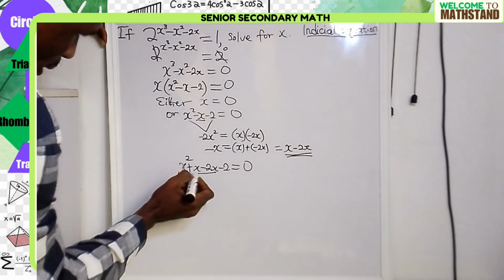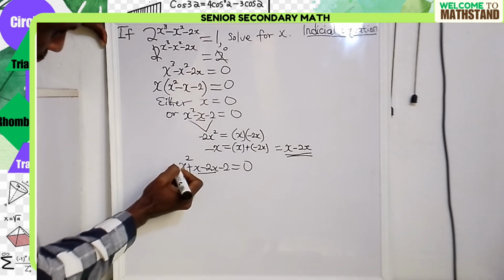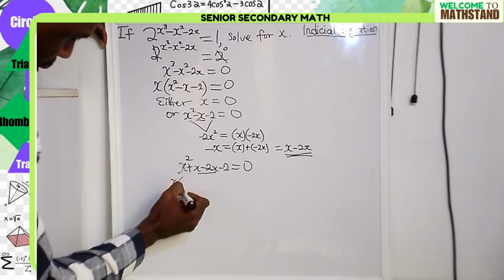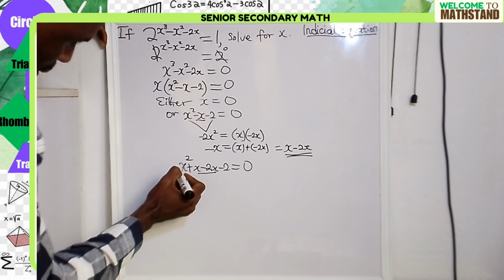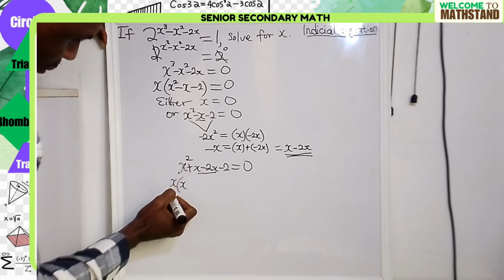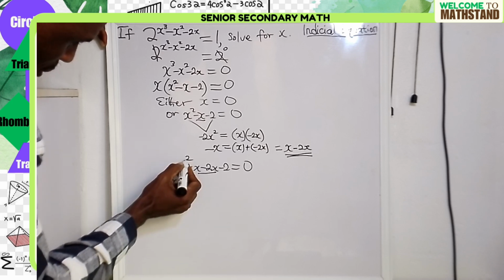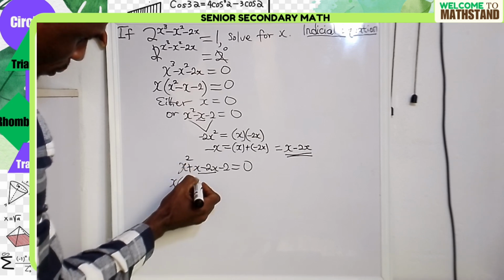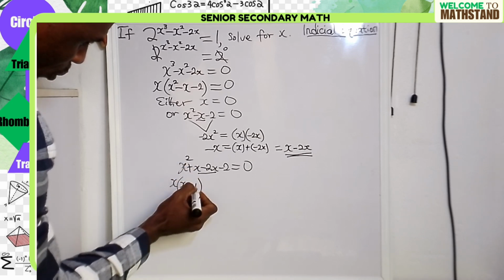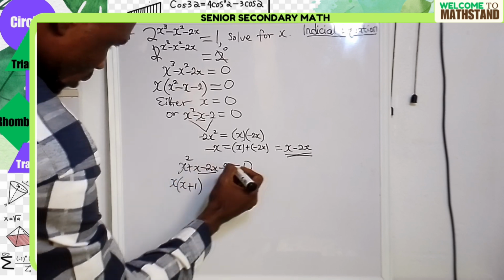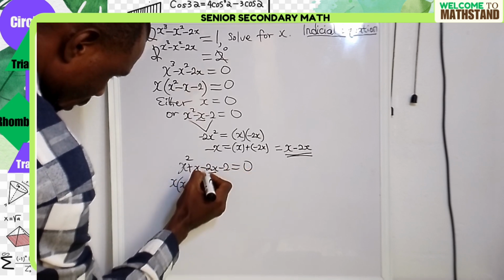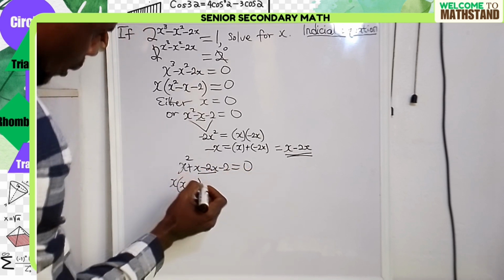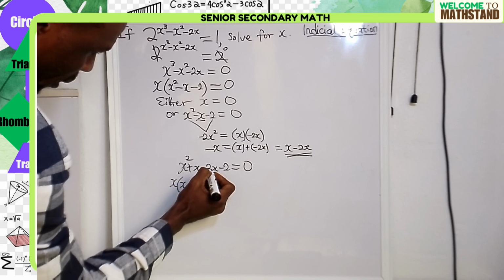Here, if you check these two, x is common, so I bring out the x. If I take out x here, that will leave x. That's x times x will give me x squared. Here, if I take out x, it's going to be 1. X times 1 will give me x here. So let's go to this other point. Let's bring down this minus. Then the common thing here is a 2.